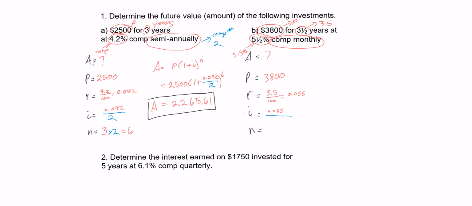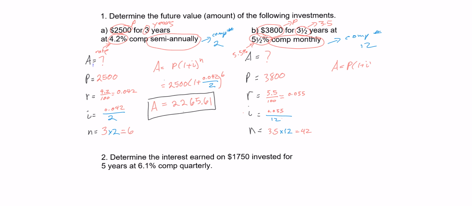So this portion here represents our comp number, and our comp number in this case is going to be 12. So we're going to divide by 12. And then for n is 3.5 years, so we're going to take 3.5, and then we're going to multiply it by 12 to get 42 as our answer.